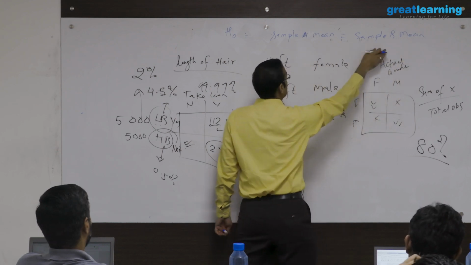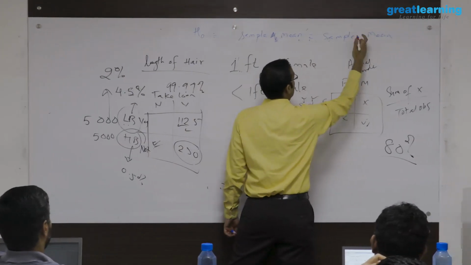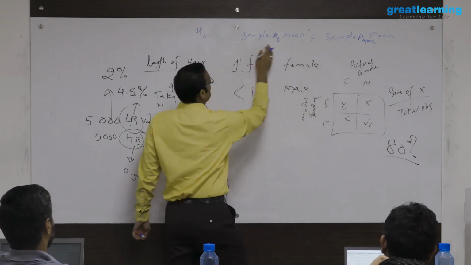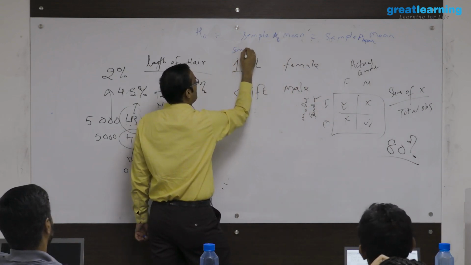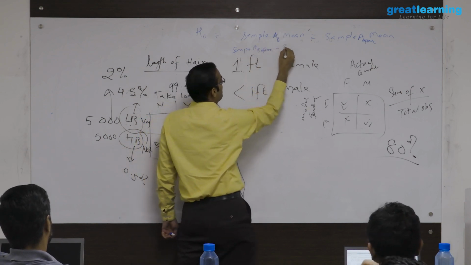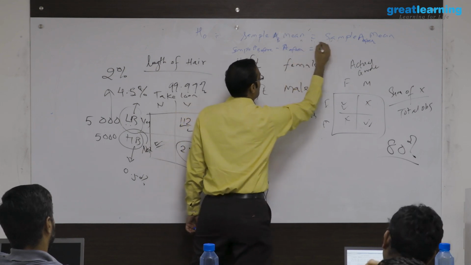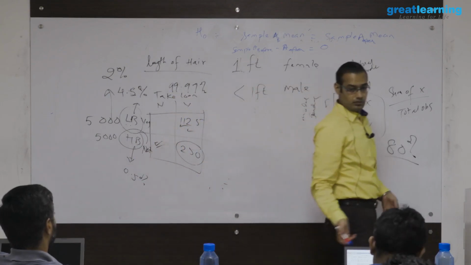Sample A and sample B here are A before and A after, in this case, right? Do you agree? The moment I move it to the left-hand side, it becomes sample A before minus A after equals 0. That's why under H naught the mean becomes 0.